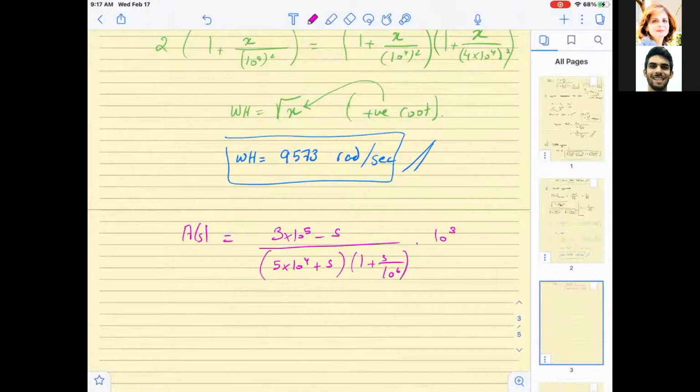What is the low frequency gain? How do you find the low frequency gain for such an expression? And what are the zeros and the poles?